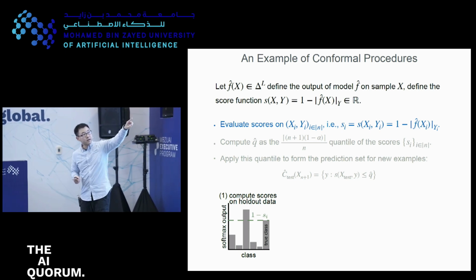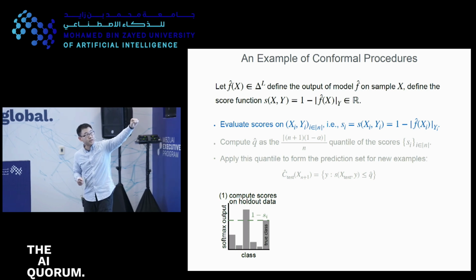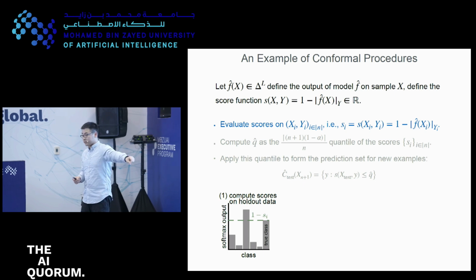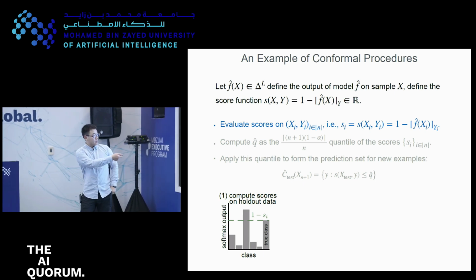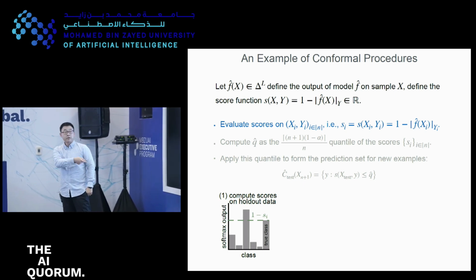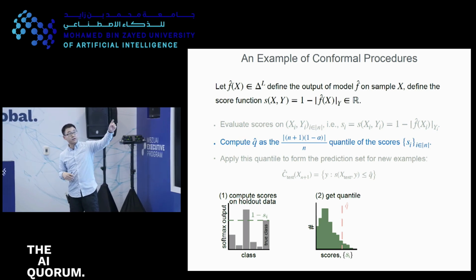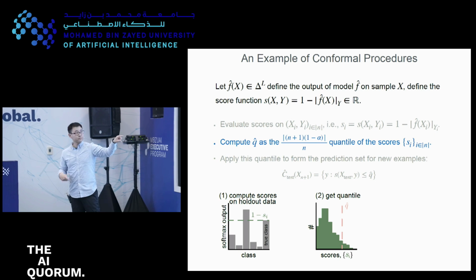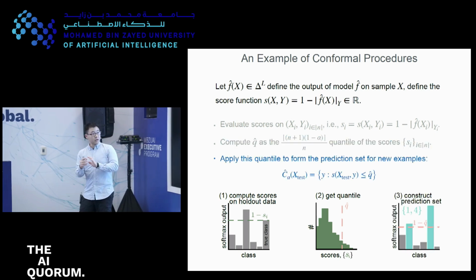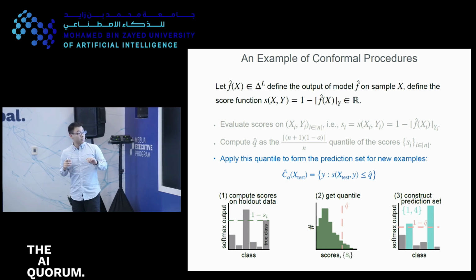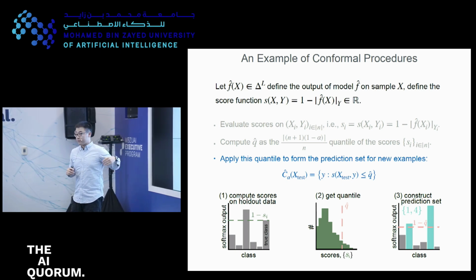We just take the yi's coordinate from this probability vector and take 1 minus this value. And then we can compute this value for each sample. And then we compute the quantile of the n scores. After computing the quantile, which is Q hat, we will use this Q hat for future predictions.